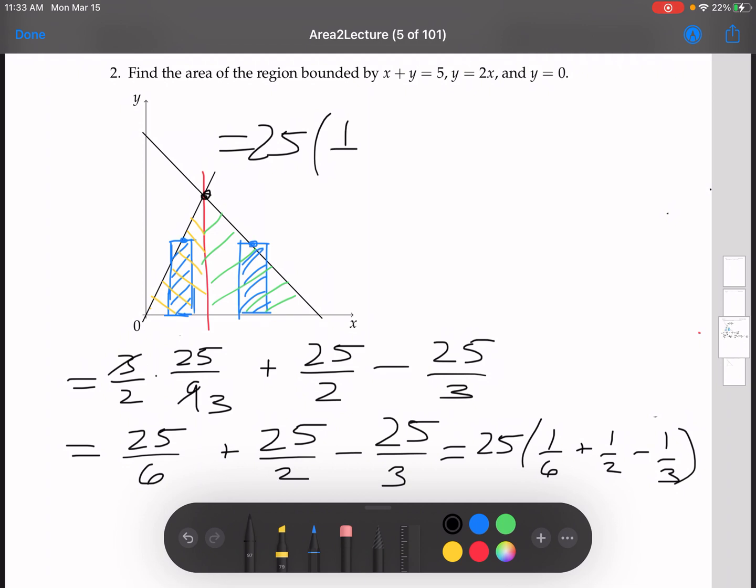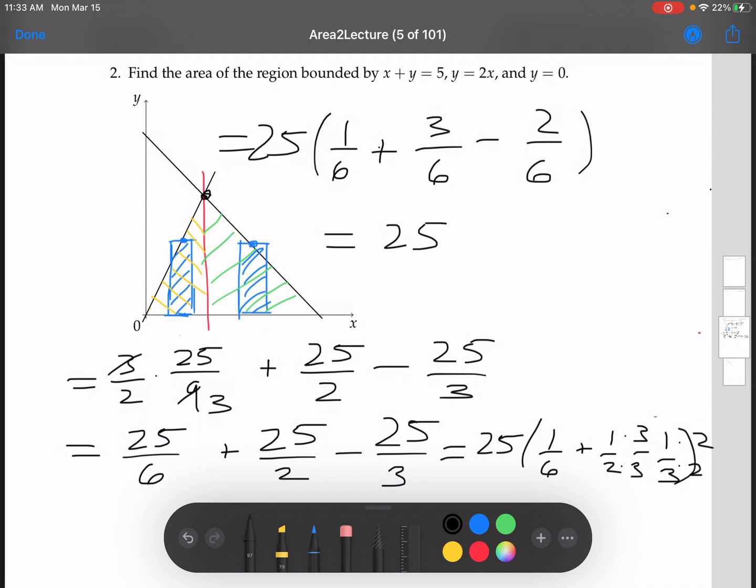Over a common denominator of 6, that's 1 plus 3 minus 2 over 6.